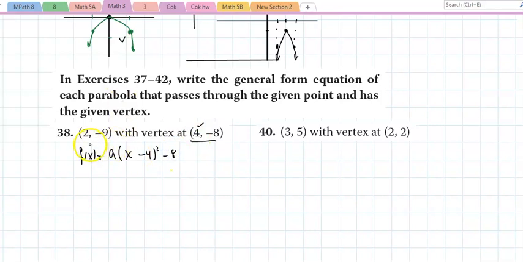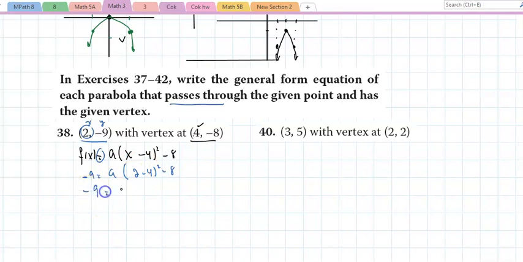Since this point is on the graph, then that's an x and that's a y that should satisfy. So that's how I'm going to figure out what a is. Negative 9 equals a times, instead of x, I'm going to throw in the 2 squared minus 8, and there it is.